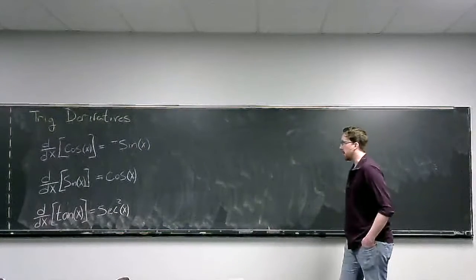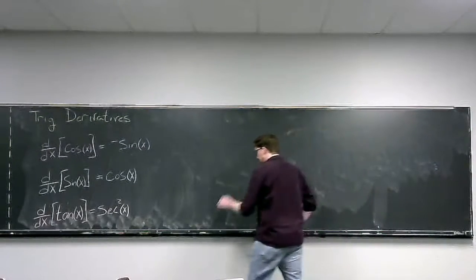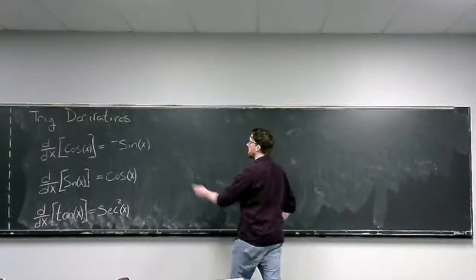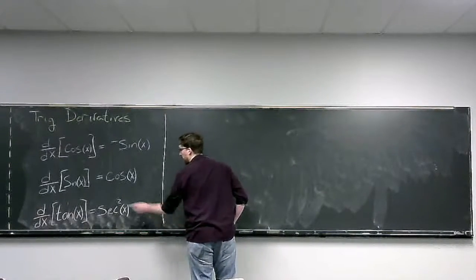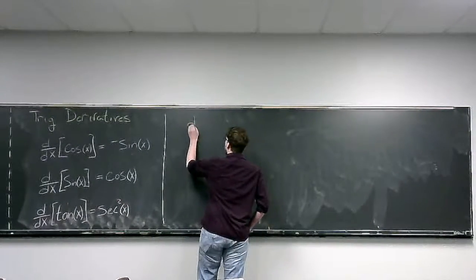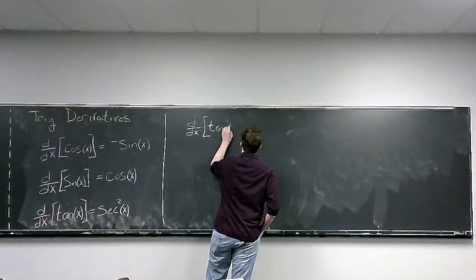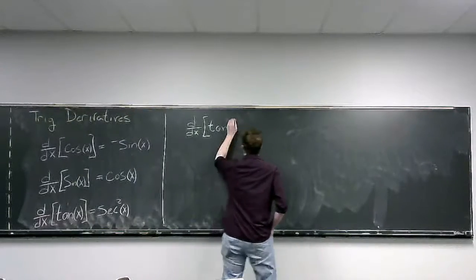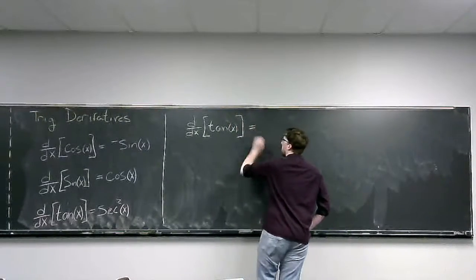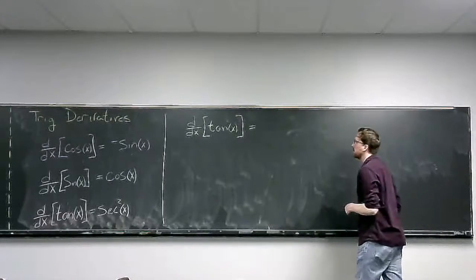So to start off with, I'm going to break up the derivative of the tangent. What I mean is, I know that the tangent of x can be rewritten as sine over cosine.